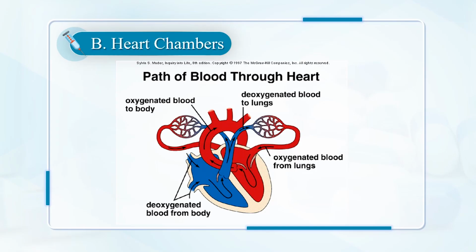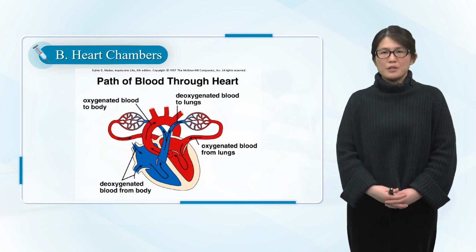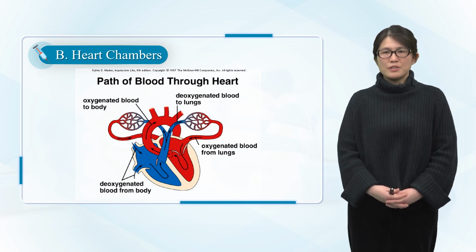The oxygen-rich arterial blood in the left half of the heart supplies the whole body through capillary blood vessels. It becomes venous blood and flows back to the right half of the heart.